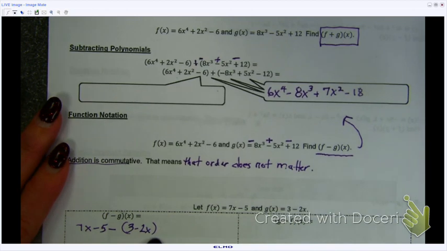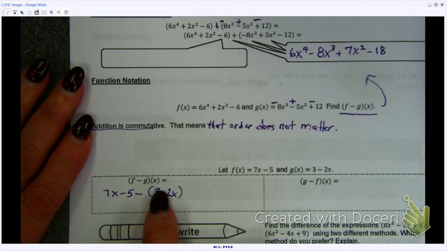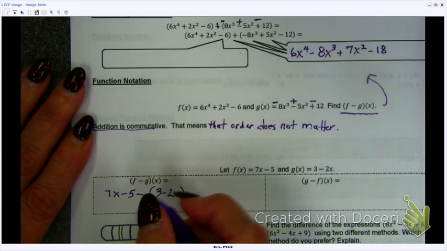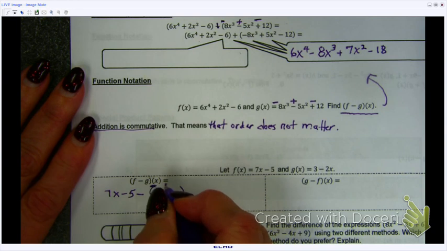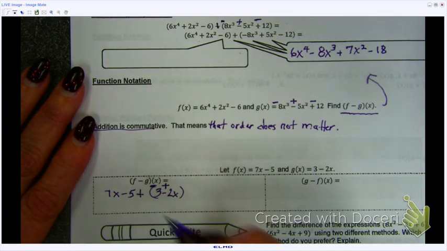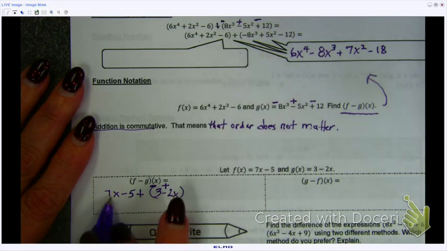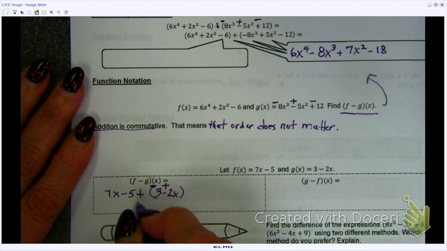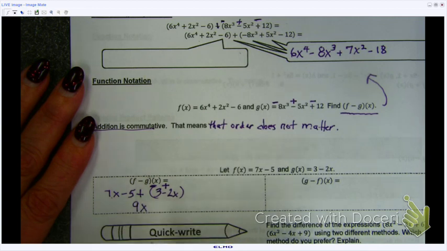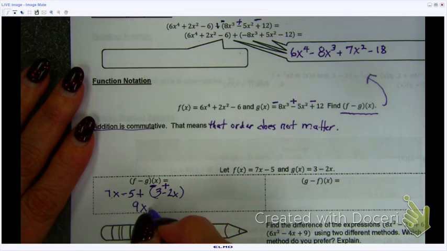I put it in parentheses so that you remember you have to distribute the negative sign. So we're going to distribute this negative sign, so that's going to be negative 3, that's going to be plus 2x, and we change that to a plus sign. So now I have 7x plus 2x, which is 9x, and I have negative 5 plus negative 3, which is negative 8.